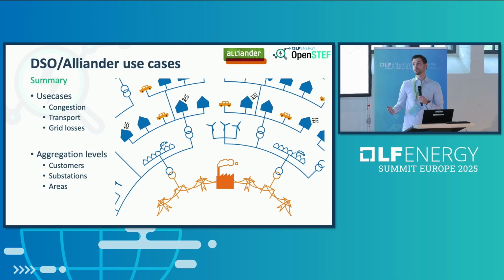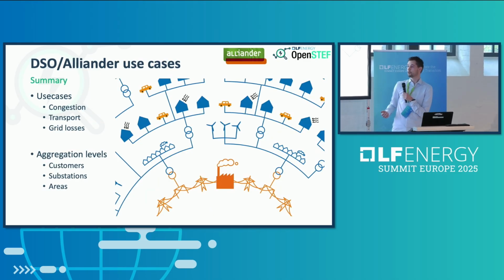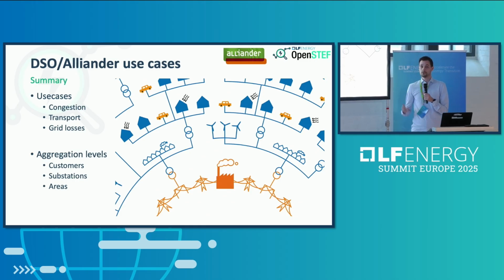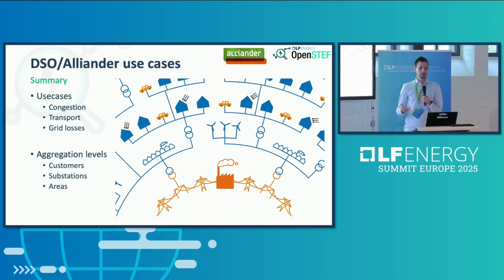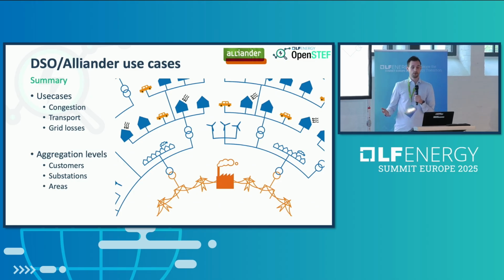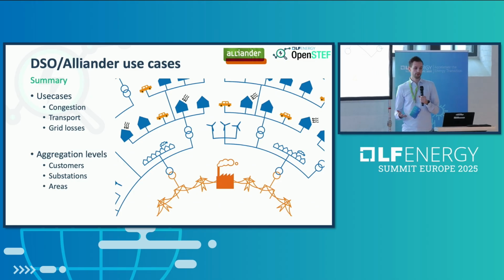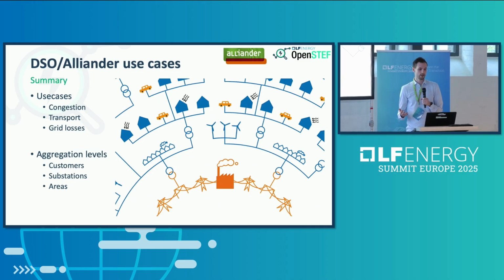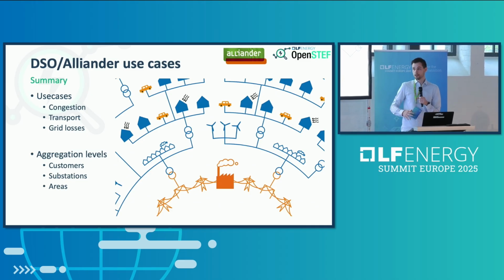And that brings us to the conclusion, or the summary, of the Alliander use cases. So we saw three large use cases: congestion forecasting, transport forecasts, and grid losses, and all of them were quite different in terms of aggregation level, so at which point in the grid you need these forecasts.